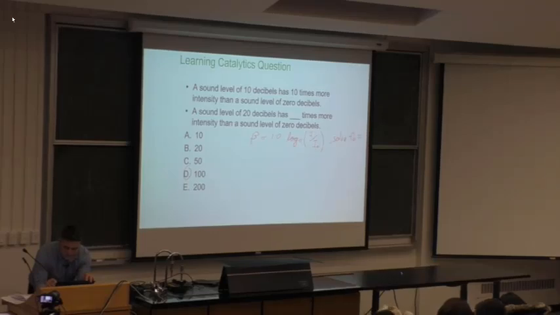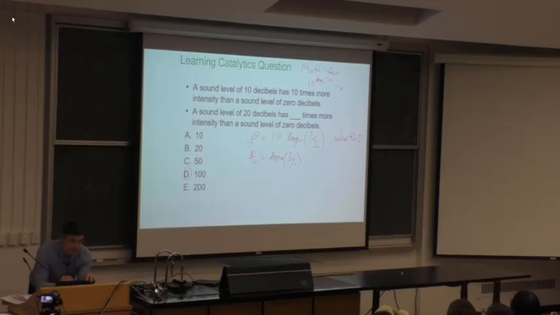First I'm going to divide both sides by 10. So beta over 10 is equal to log base 10 of I over I sub 0. Then I'm going to use the math fact that 10 to the power of log base 10 of x equals x.